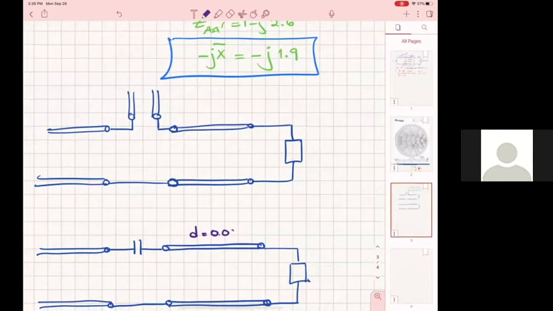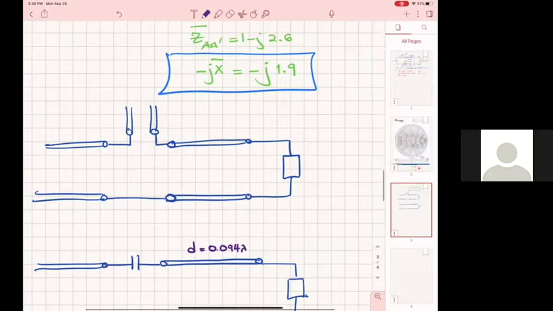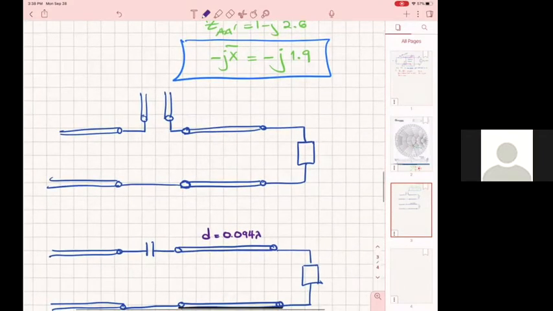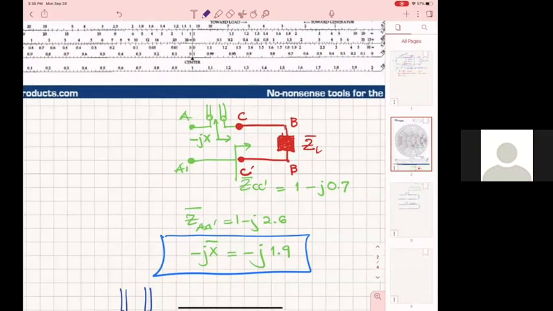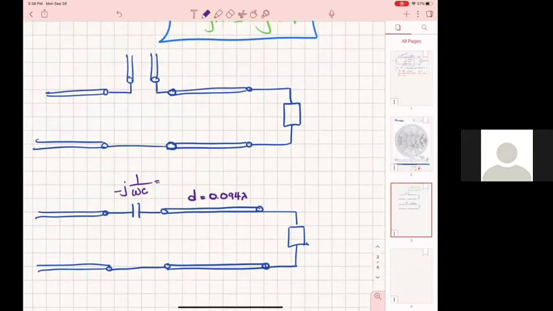So I have a section of a line here, which is 0.094 lambda. And then I have a minus j 1 over omega C, which is, as we said, normalized 1.9. And this one is minus j, so normalized will imply minus j 1 over omega C Z naught.